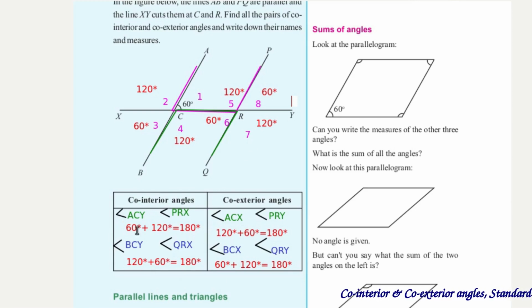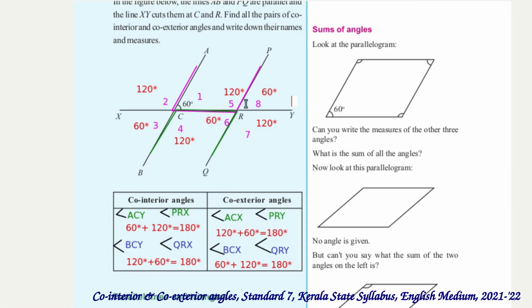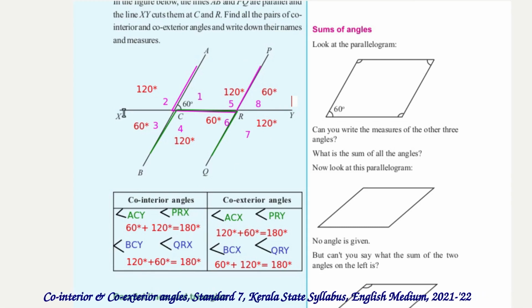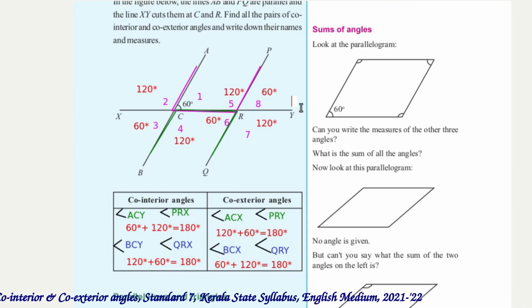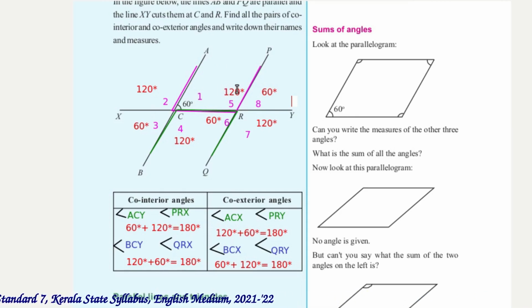That's what I wrote here. Look at these co-interior angles. Angle ACY, this one, and angle PRX. Here ACY is equal to 60 degrees, PRX is 120 degrees. When you add these two measures, they add up to 180 degrees.